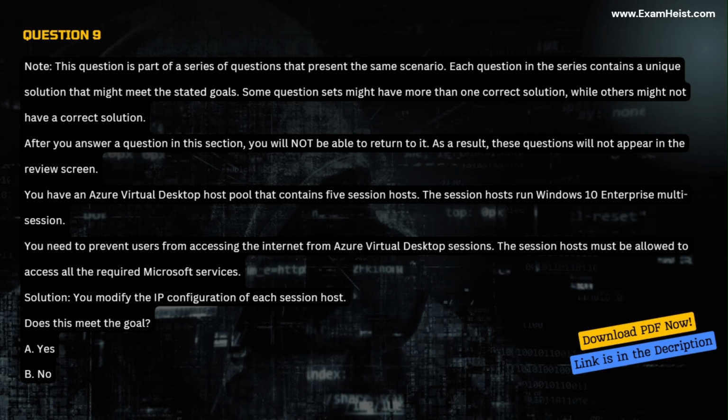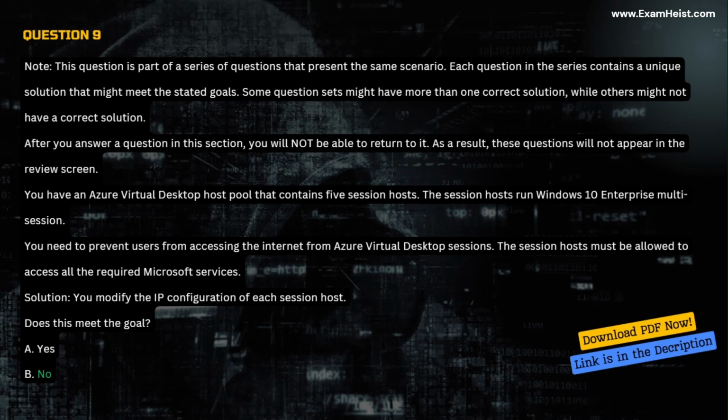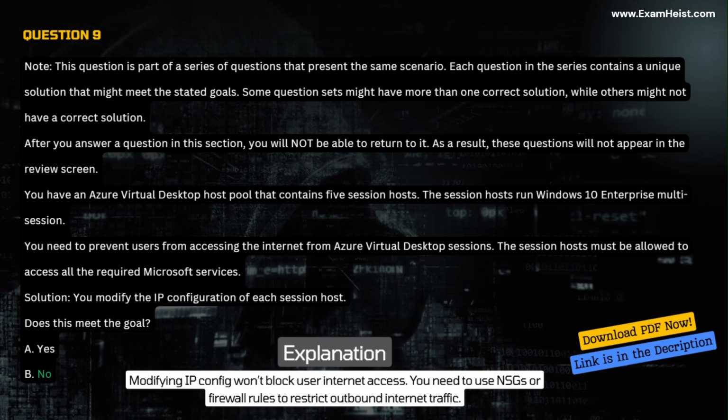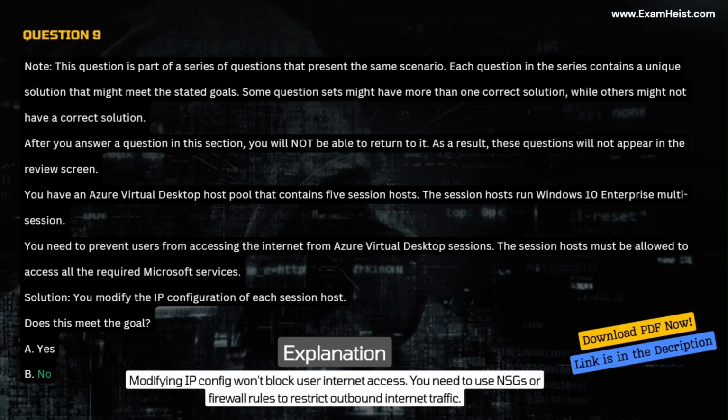Solution: you modify the IP configuration of each session host. Does this meet the goal? A. Yes. B. No. Correct answer B. No. Explanation: modifying ipconfig won't block user internet access. You need to use NSGs or firewall rules to restrict outbound internet traffic.